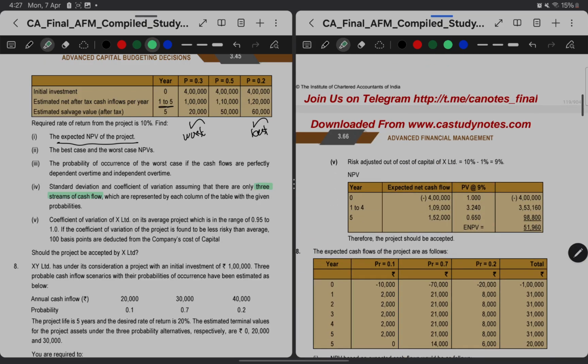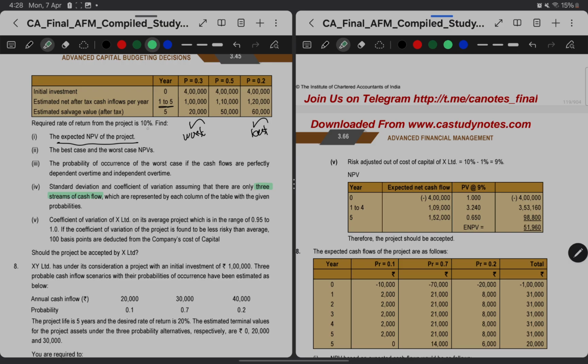Now coming to the next requirement, the coefficient of variation of X Limited on its average project, which is in the range of 0.95 to 1. They are telling us that in their other projects the average coefficient of variation is between 0.95 and 1, and if the coefficient of variation of this project is found to be less risky than average, 100 basis points are deducted from the company's cost of capital.